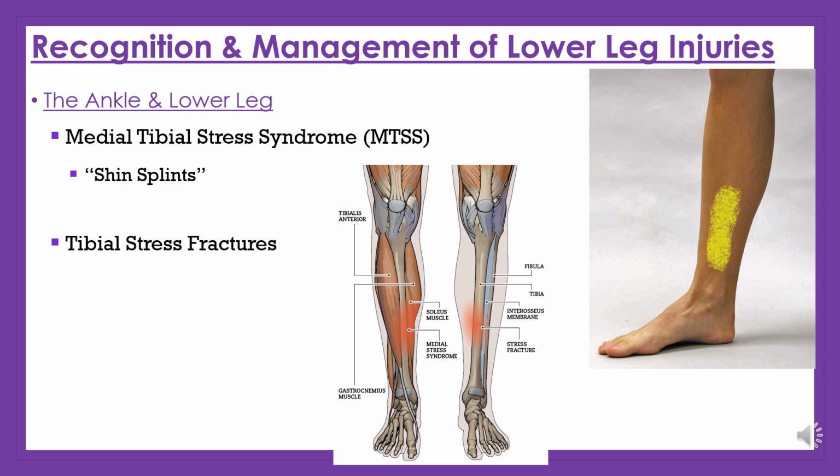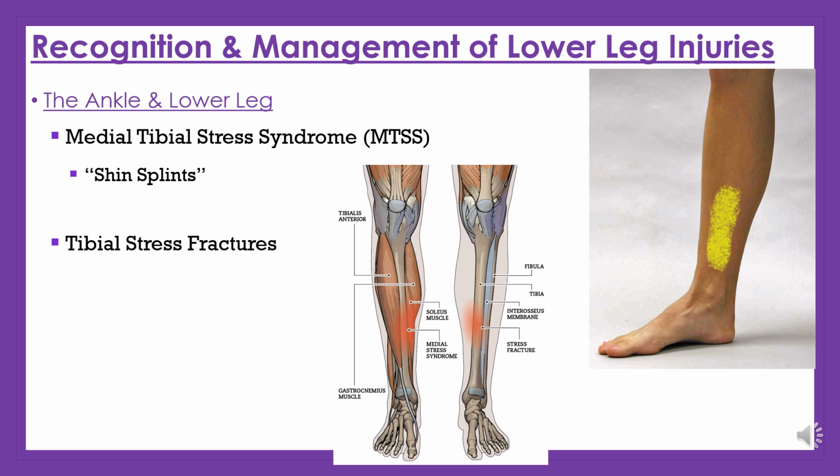So medial tibial stress syndrome, also referred to as MTSS, but more commonly referred to as shin splints. The term shin splints is something that I really don't like. It's kind of a garbage can catch-all term, and it can actually mean many different things. So I like to use the acronym MTSS just because it's more accurate.